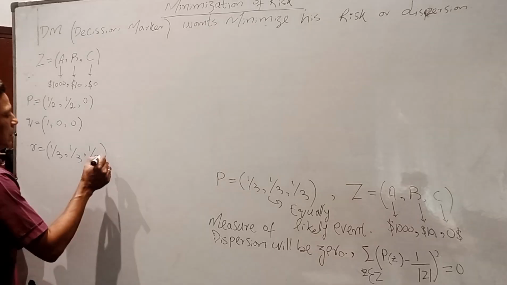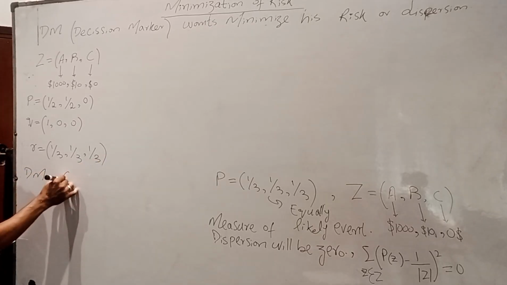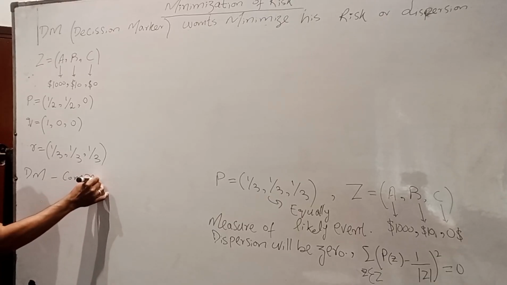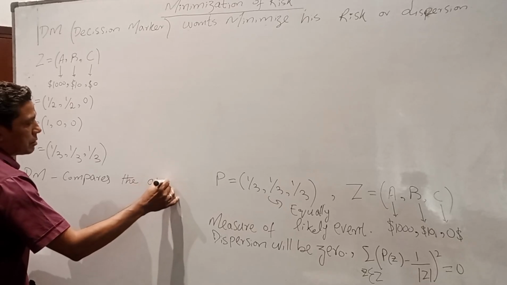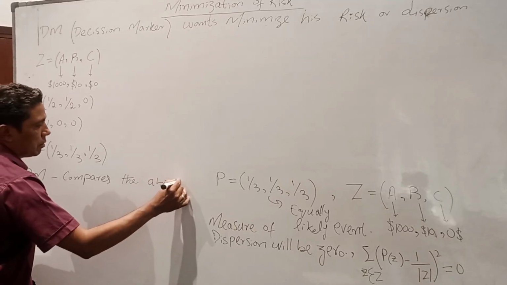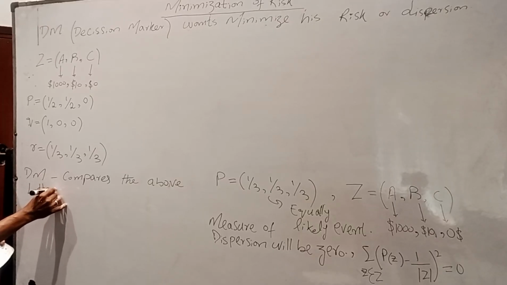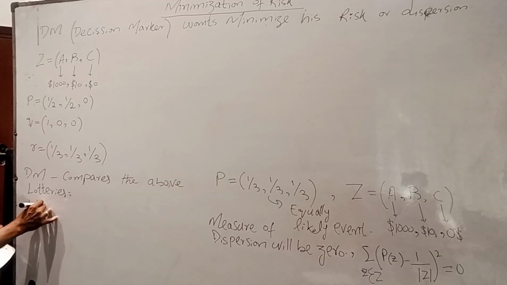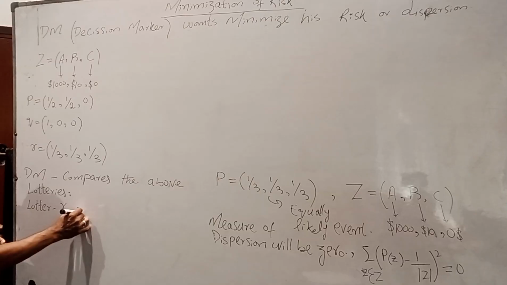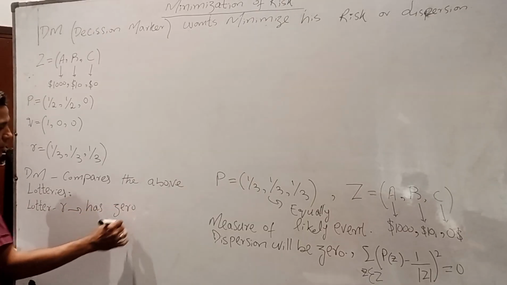So the decision maker compares the above lotteries. Lottery R has zero dispersion.